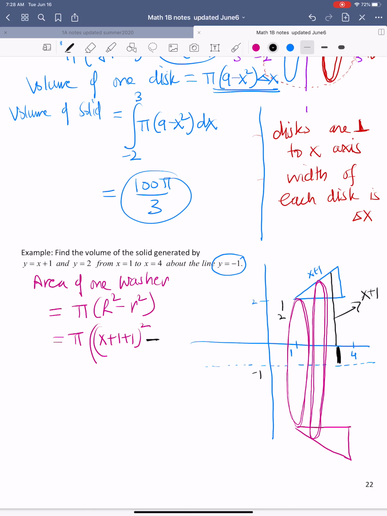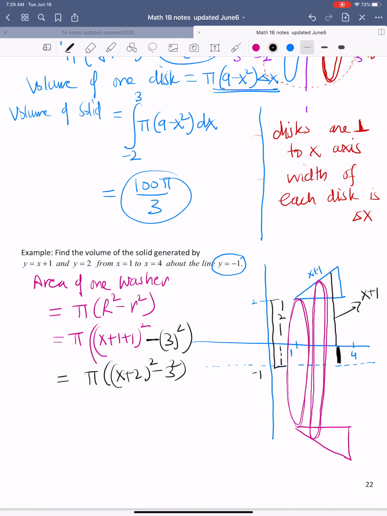From here to here it is 2, but then we also have 1, so altogether the inner radius will be 3. So this turns out to be pi times x plus 2 squared minus 3 squared. That's the area of one washer.